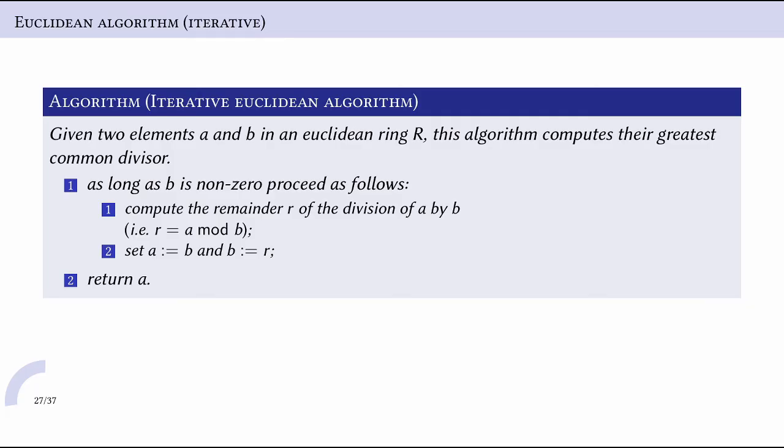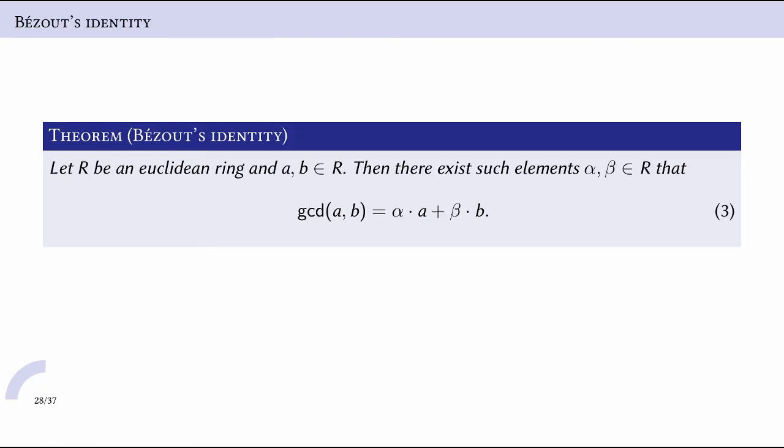Now, one important fact concerning the Euclidean algorithm is called the Bezout identity.